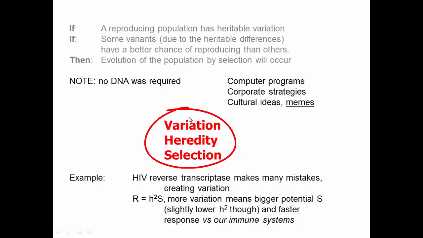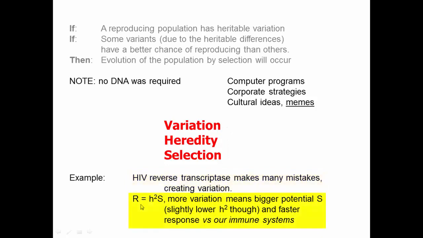Now, when we identify these as the 3 most important aspects of evolution, we can better understand how evolution works. For example, HIV reverse transcriptase is the enzyme that HIV uses to put itself into the host genome. That reverse transcriptase makes many mistakes, right? It doesn't have proofreading proteins to help it minimize its mutation rate. So when HIV reproduces, it makes lots of mistakes, lots of mutations, so it has very, very high variation.